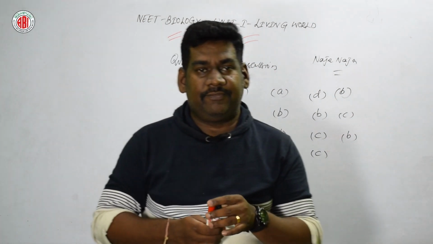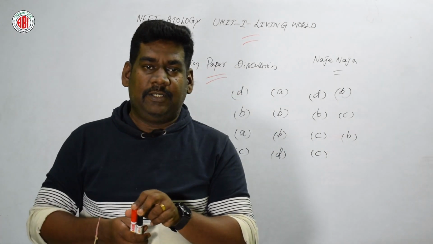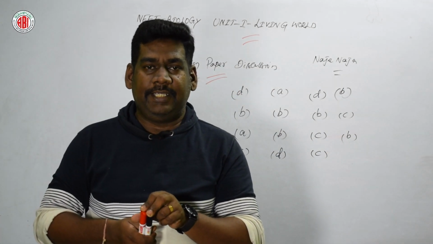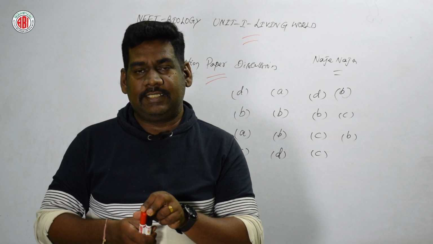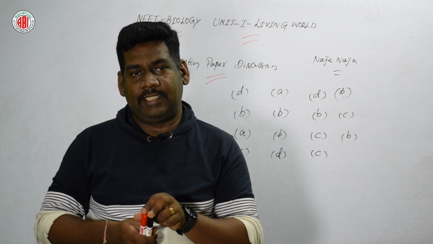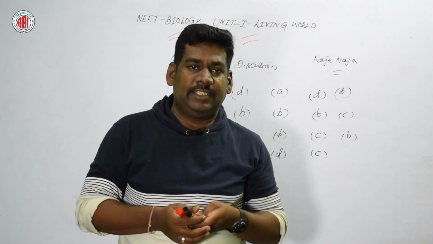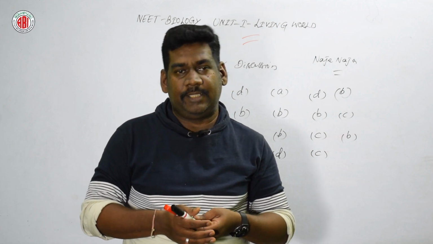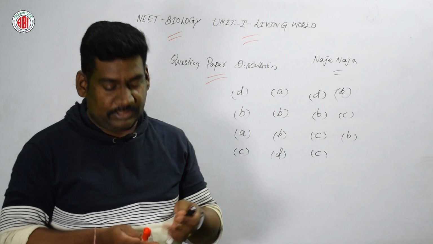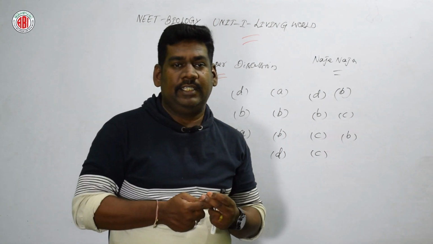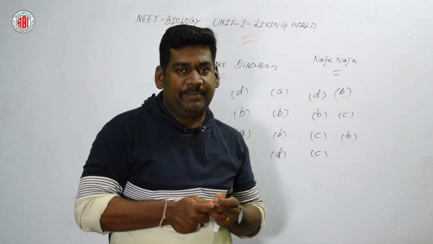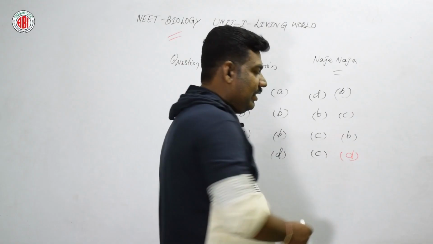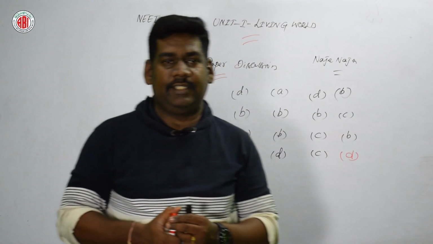Then for wheat, A is Poaceae and B is Poales and C is monocotyledonae. Okay. So all these options A, B, C are true, correct statements. So the right answer for this question is option D, that is all the above are correct statements. Option D is the right answer. Yes. Now let us go for the next question.